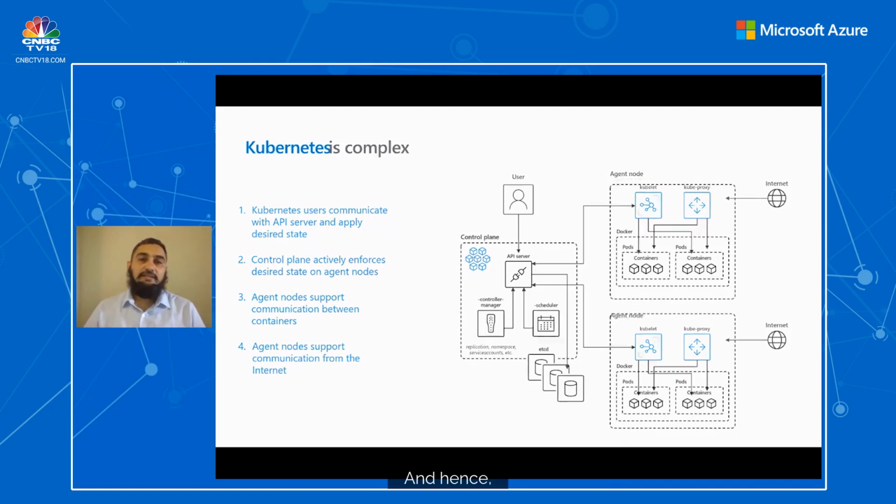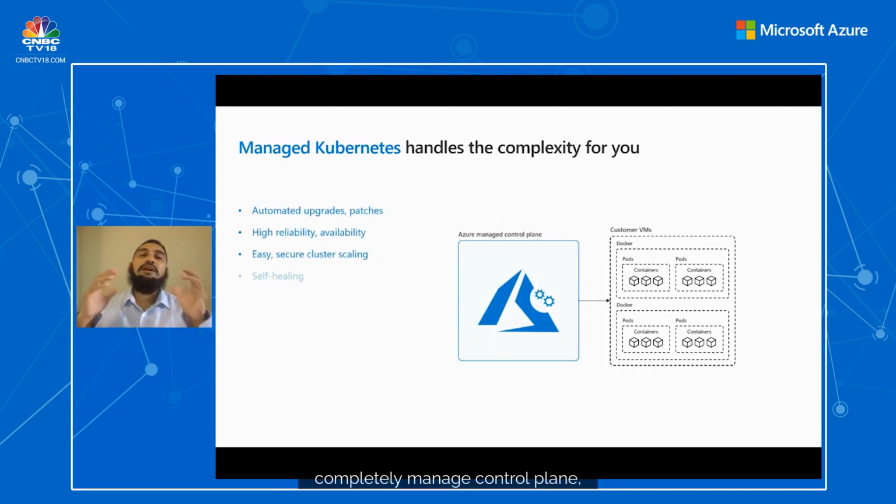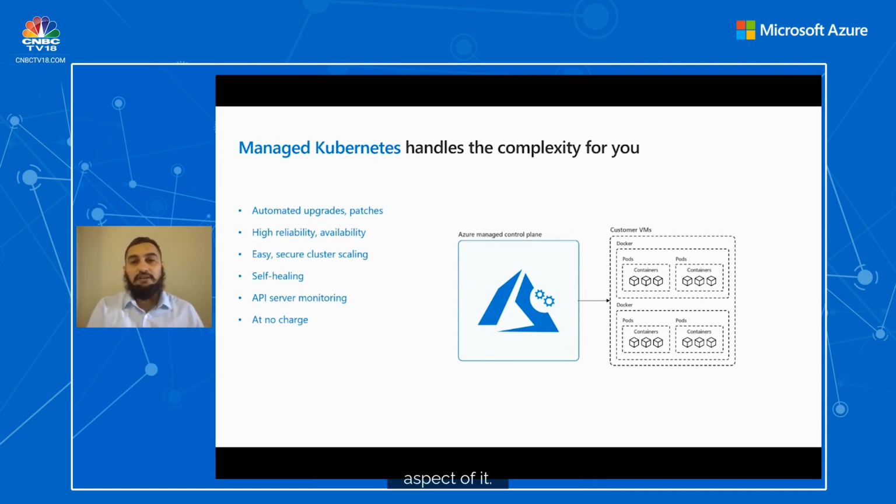And hence, we reduce the complexity and give you a completely managed control plane, where we take care of the entire master aspect of it, and we also give you a way to just deploy your applications. It takes a lot of the complexity out and helps you build great applications.